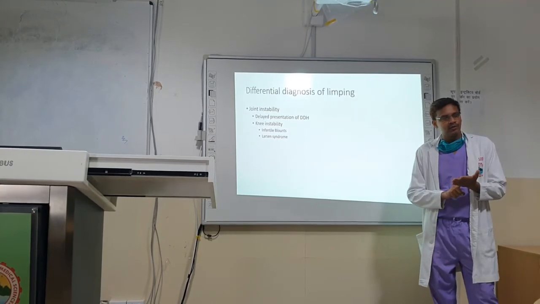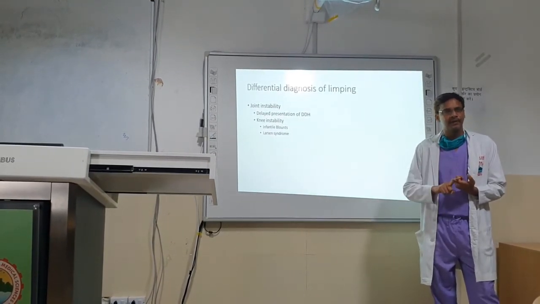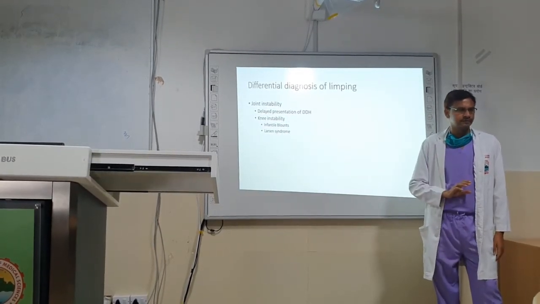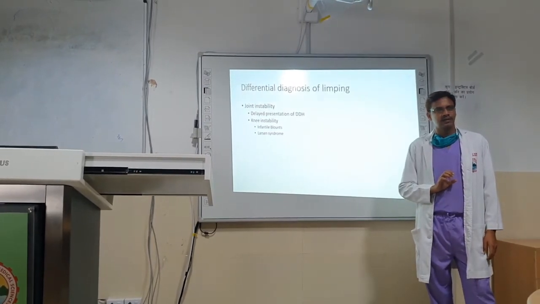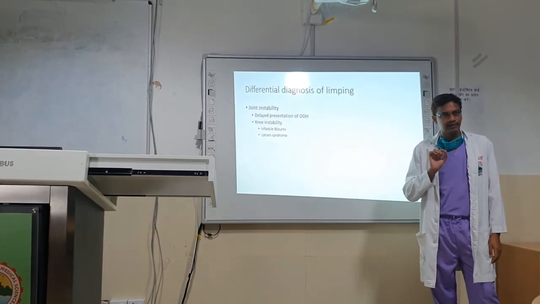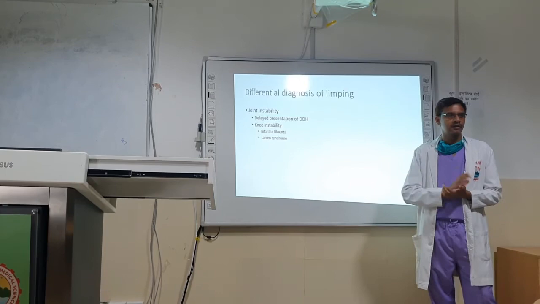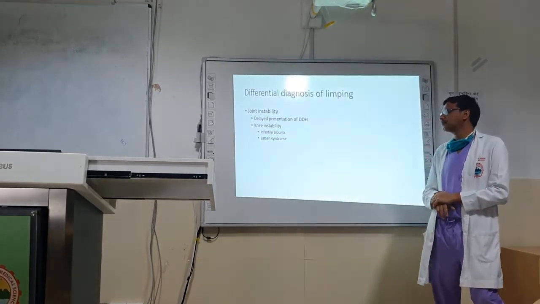A child who is under 4 years of age and comes with painless limping, the diagnosis is DDH unless proved otherwise. You have to remember this. A child who is under 4 years of age presenting with painless limp, the diagnosis is DDH unless proved otherwise, and you should always look to rule out DDH.